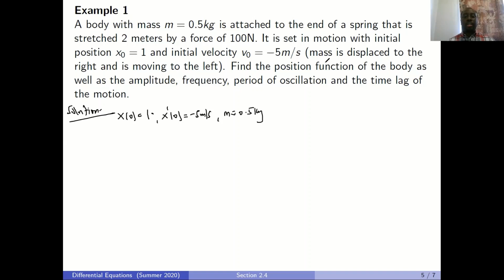Now there's a note here that the velocity is negative because the object is displaced to the right, but then it moves to the left. So the velocity is actually opposite to the direction of displacement.